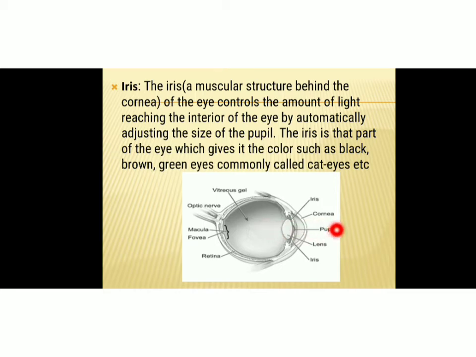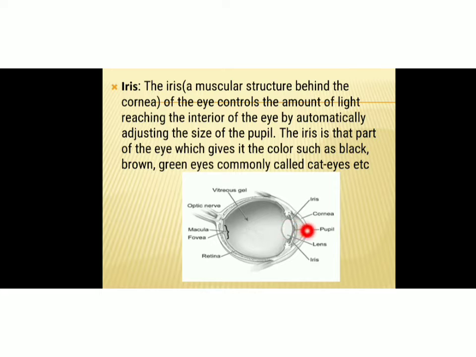The iris is that part of the eye which gives it color, such as black, brown, green eyes, commonly called cat eyes, etc. So the iris is a dark muscular diaphragm that adjusts the size of the pupil and also controls the amount of light entering the eye.